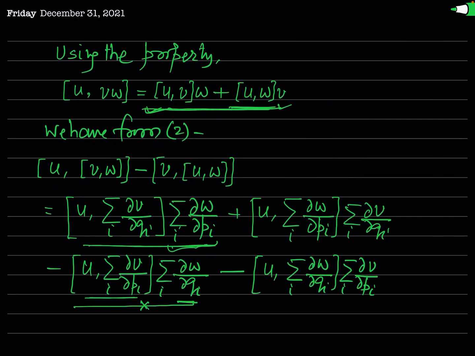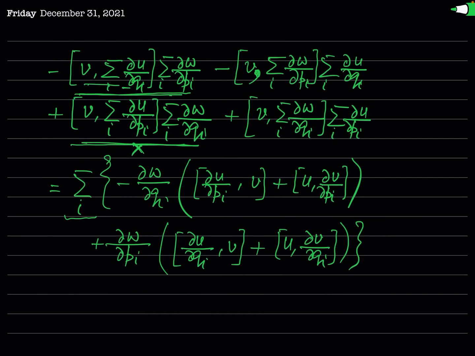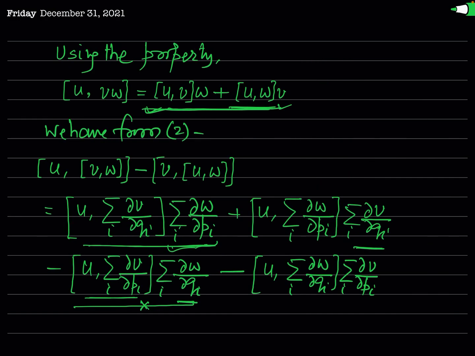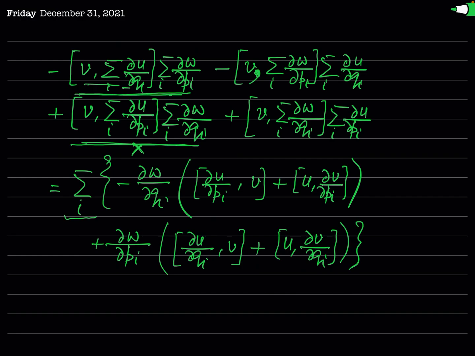Now see the terms in the other column. Here there is del v by del qi, and there is only one term containing this del v by del qi. So we will not take it as a common factor, but we will again write this term, which is the second term in the RHS of this equation. So what will this be?